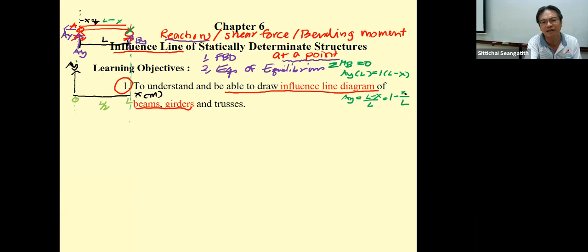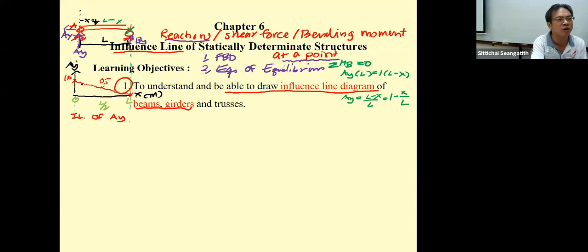If you set X equal to 0, the value is 1.0. If X is L over 2, that is 1 minus 1/2, which is 0.5. And if X equals L, you get 0. This is what we call the influence line of reaction A sub Y.